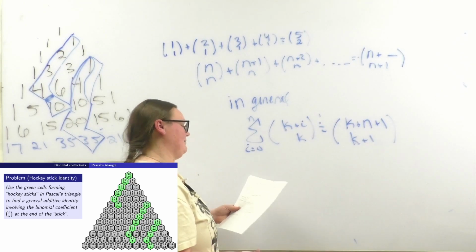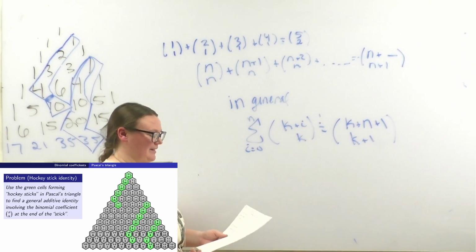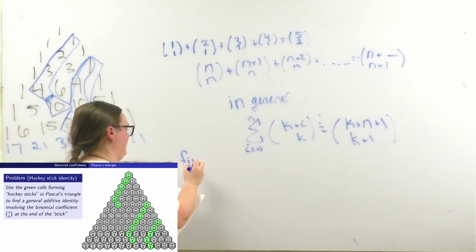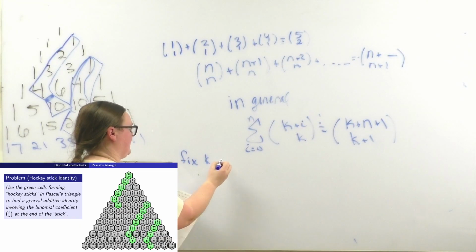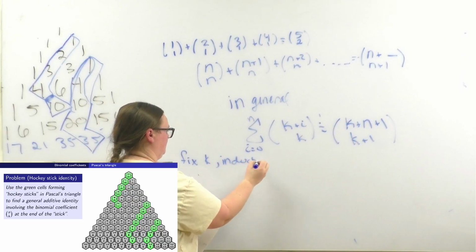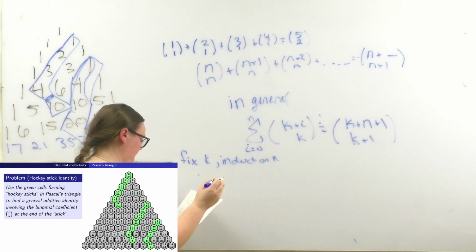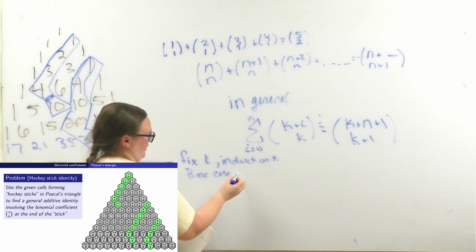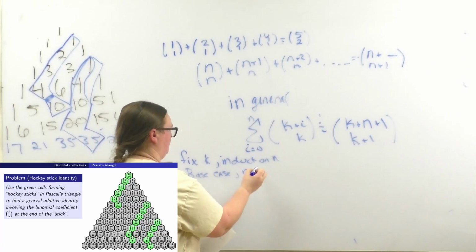Yay. Okay. We are going to do a proof by induction for the first time for us. So we're going to fix k and induct on n. So my base case, what do you think it should be? Sure. What do we get for that?